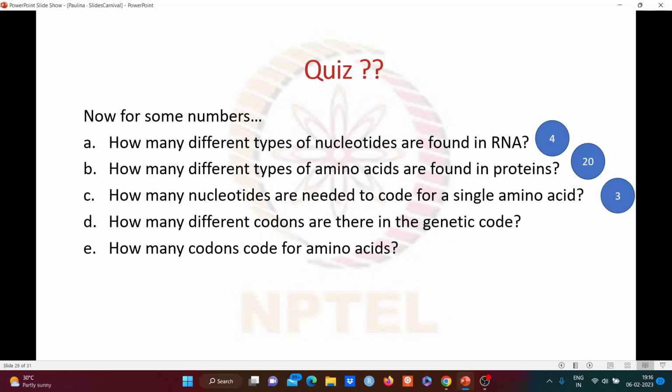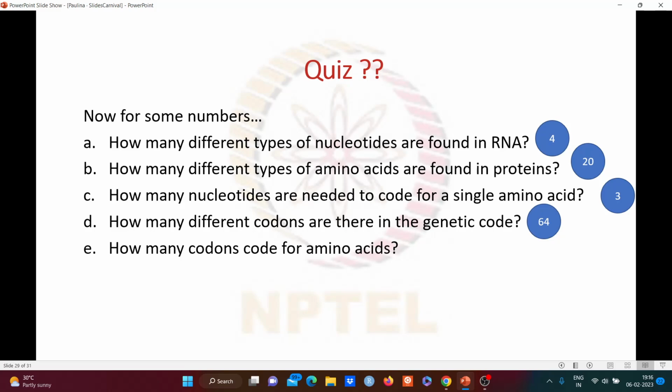Okay, I've seen someone mentioning 61. I expect them to avoid stop codons. Yeah. In a codon table we have 64, including those that code for the stop codon.